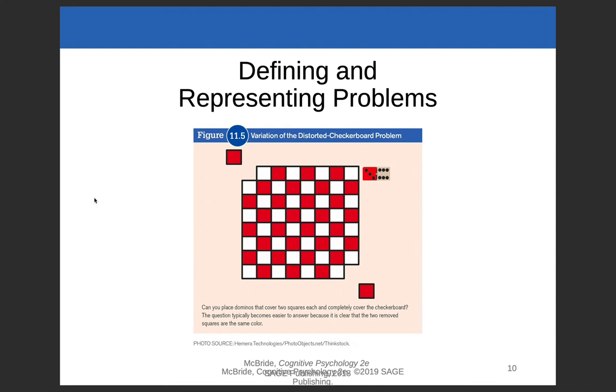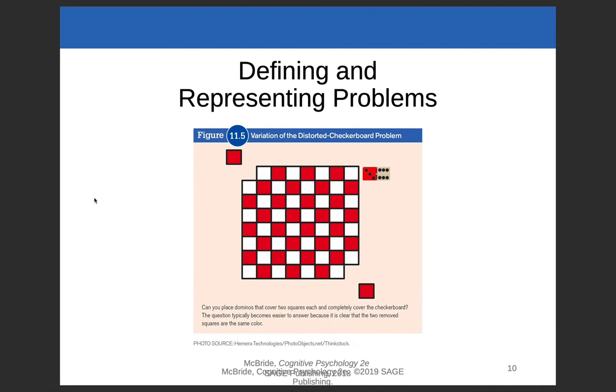And there's no way that you can cover this checkerboard with a domino with two sides on it completely without leaving at least one square uncovered. Which basically tells you that this problem cannot be solved.